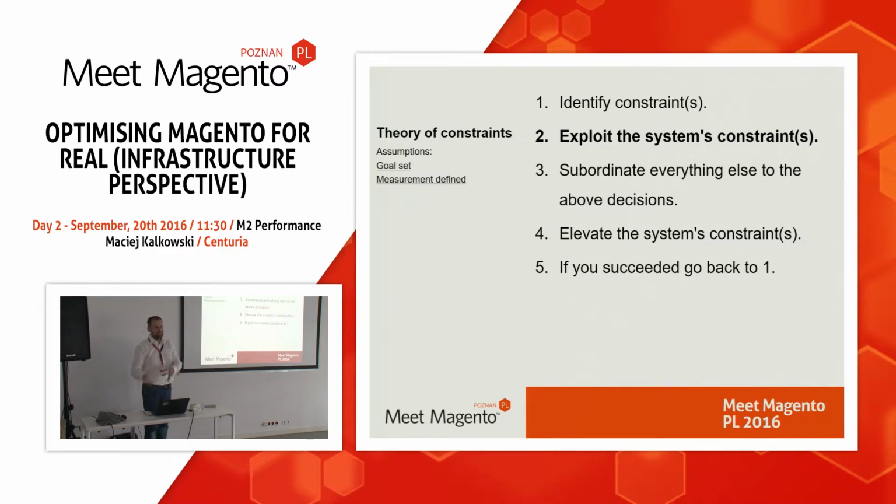Then they should exploit the constraint. Do everything to exploit this constraint. Then the whole system constraint is elevated. So we need to go back to step one. Generally, I'm not going to focus on the theory of constraints since we are at the Magento conference. So I don't want to talk about something else than Magento.